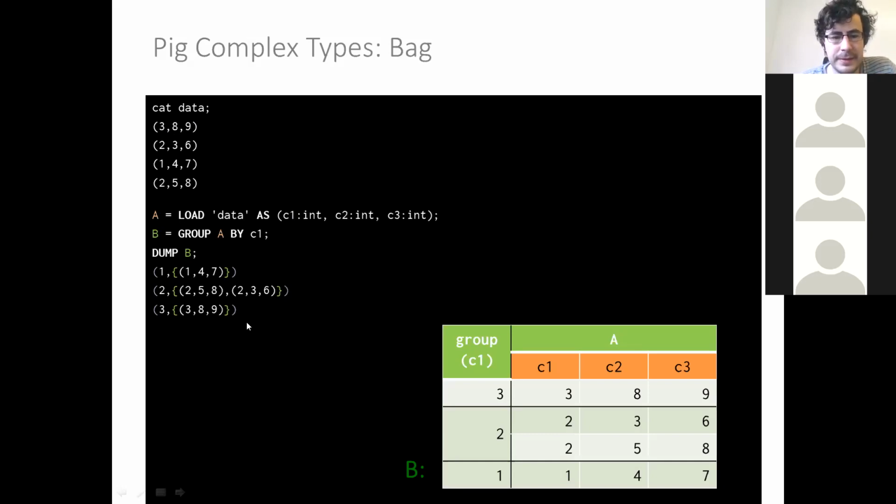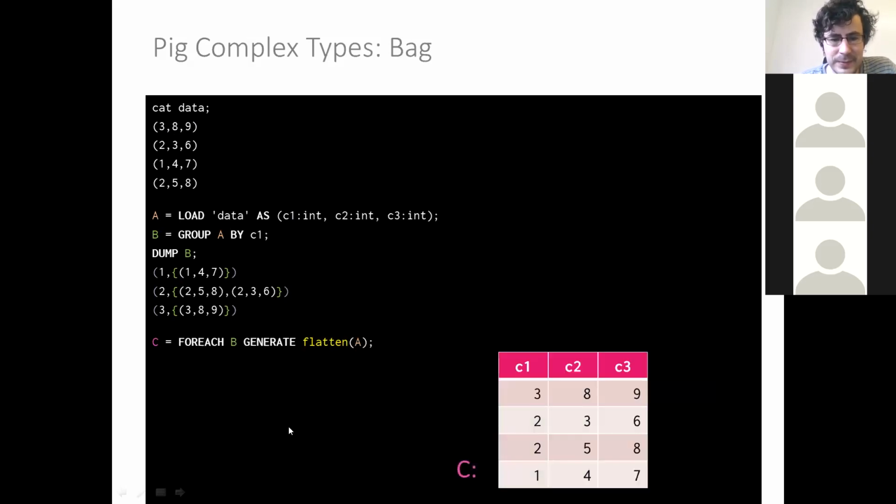So, okay, let's say now we want to flatten this structure back into a simple table. We apply generate flatten A, and what we will get back essentially is the original table, right? We'll just take every tuple from the bag and create a new row for that tuple in the table.